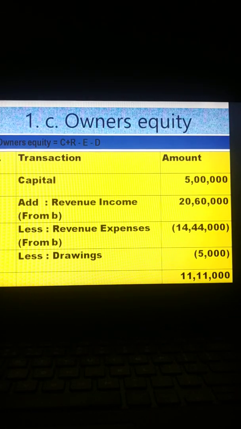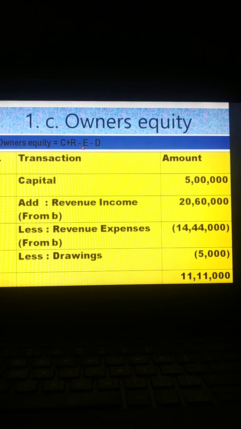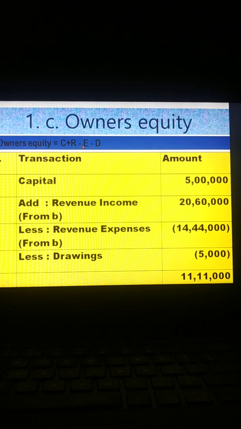Then the last requirement, owner's equity. You know, owner's equity means capital plus revenue minus expenses minus drawings. We learned this formula in chapter 2, owner's equity. We have to write capital first, then add revenue income, then subtract revenue expenditure, then subtract drawing. So in this math, capital is 5 lakh taka.